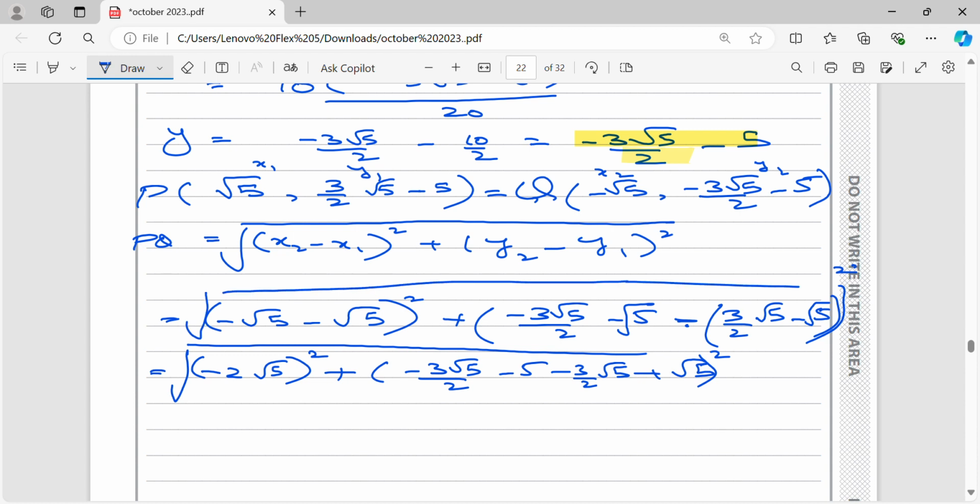Okay, so 4 times 5 is 20 and this is root 5. So minus root 5 plus root 5 get cancelled, and what is left? Negative 6 over 2 root 5 whole squared.